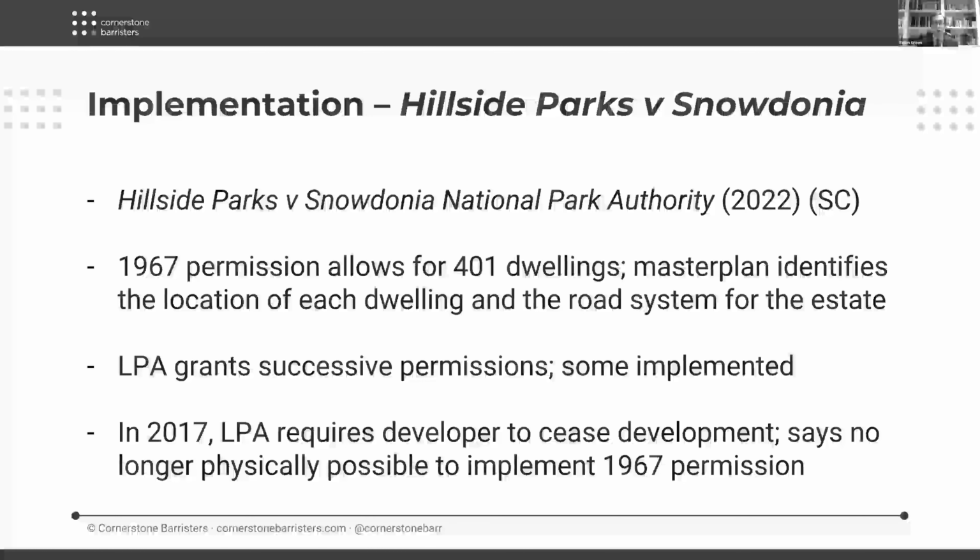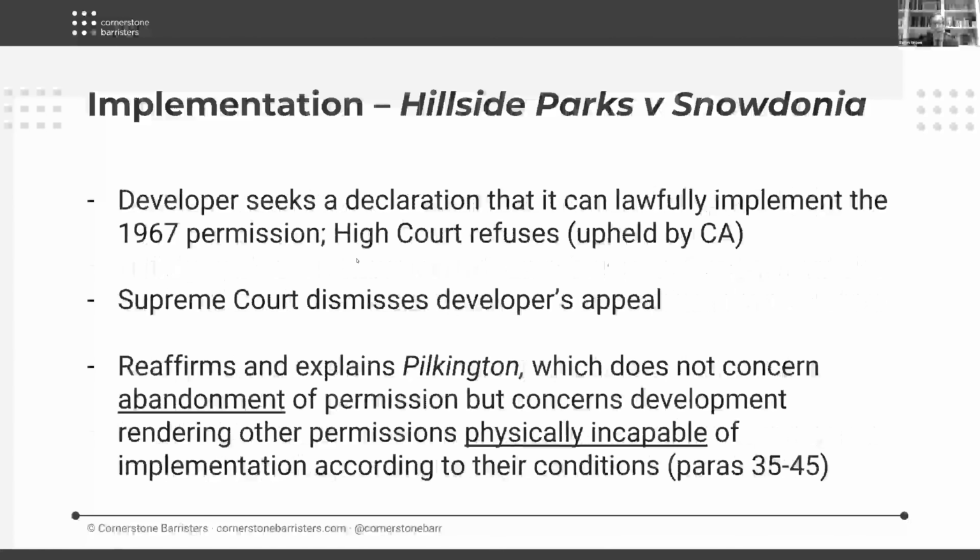But that all changed in 2017 when the local planning authority said, actually, because you've carried out development pursuant to the subsequent permissions that's different from what's shown on the master plan, you can no longer rely on the 1967 permission. So what happened? Well, the developer sought a declaration from the High Court that it could rely on the 1967 permission.